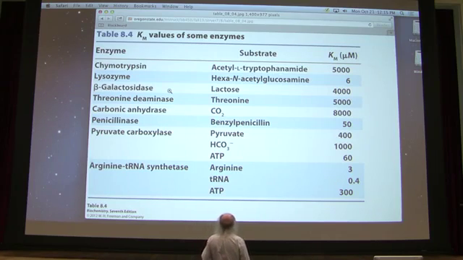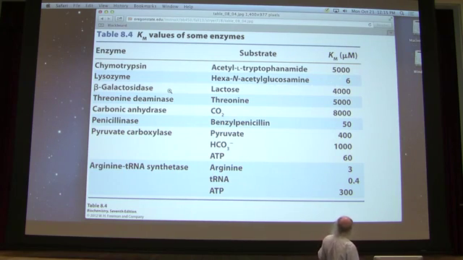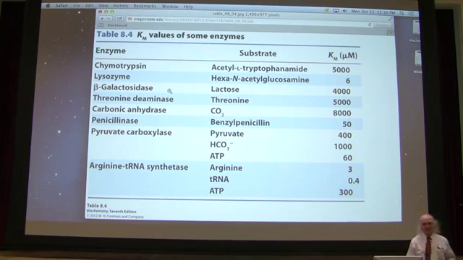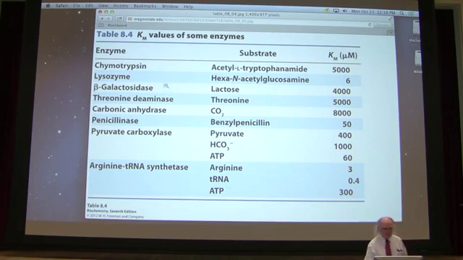And that tells us that this enzyme has a relatively low affinity for its substrate. This guy down here, arginine tRNA synthetase, has a relatively high affinity for its substrate, 0.4 micromolar. So that range tells us that these enzymes have quite varying affinities for their substrates.